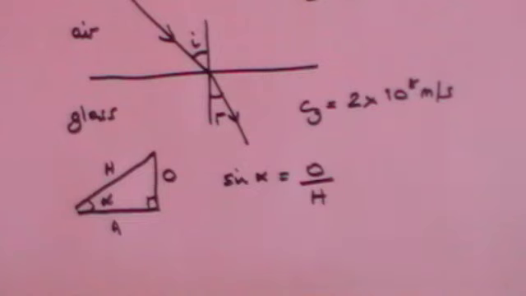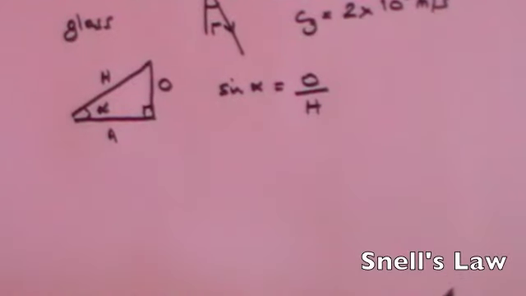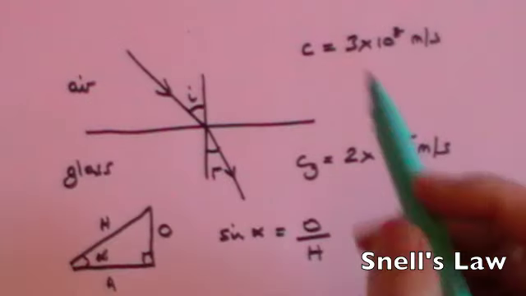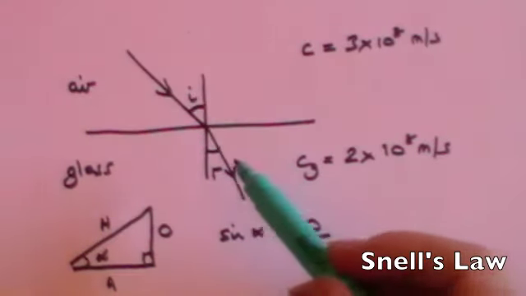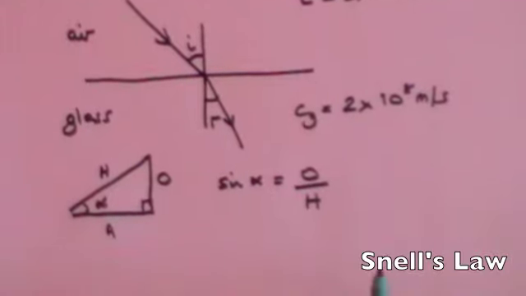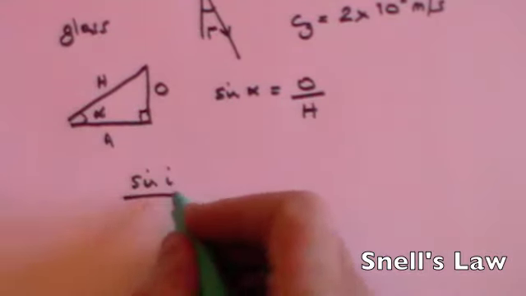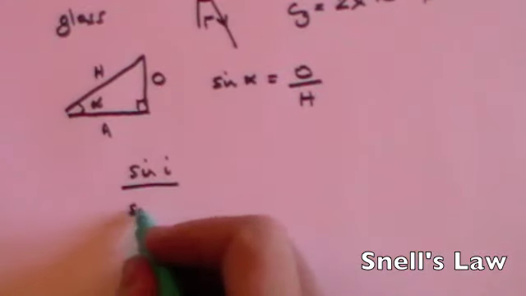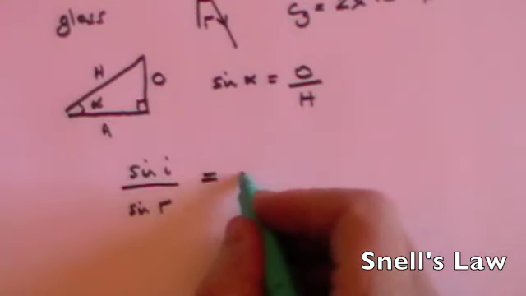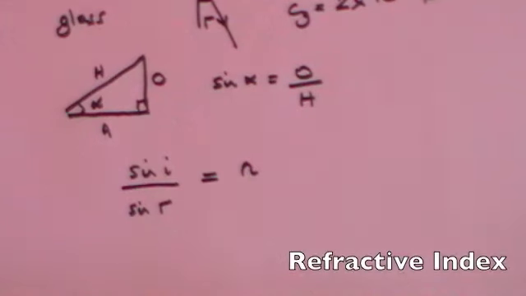And the reason I told you that is because Snell's law says that if you take the sine of the angle of incidence and the sine of the angle of refraction, then sine I divided by sine R is equal to the refractive index, which is called N, of the material.